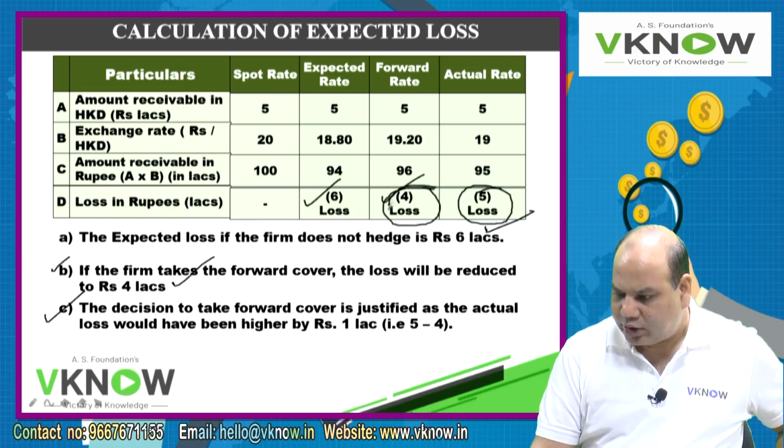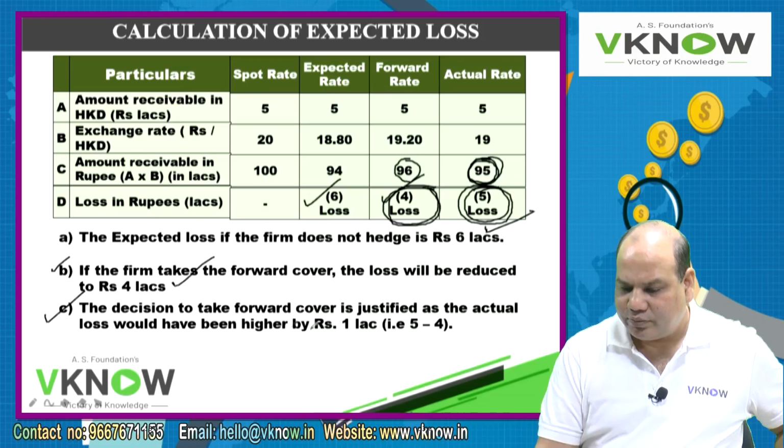At forward rate you receive 96 lakh, 4 lakh less than spot rate. If you do nothing, wait for 1 month, you will get 95 lakh, 5 lakh rupees less than spot.